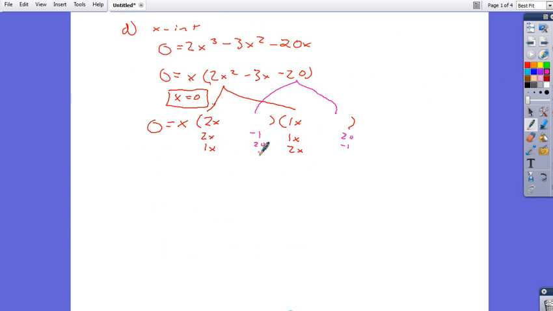It also could be negative 2, 10, and 10, negative 2, and negative 4, 5, and 5, negative 4, and that's it. You just have to choose the combination that works.